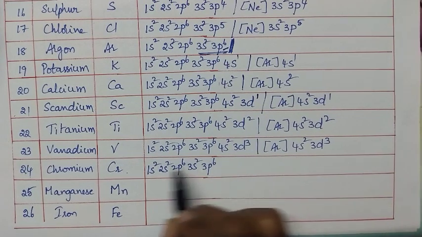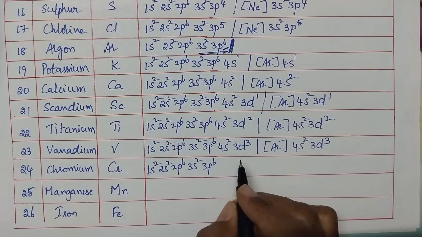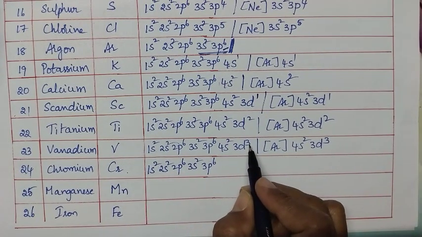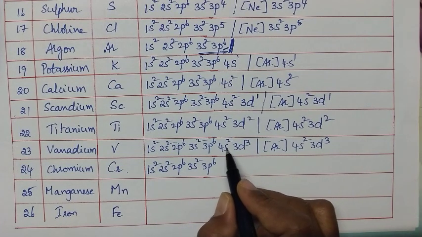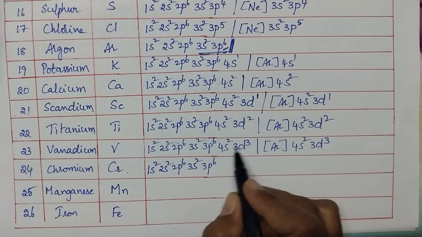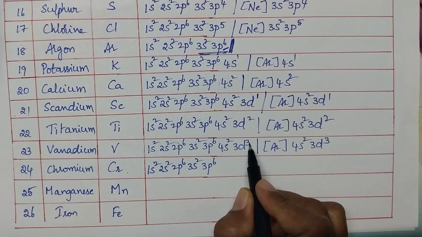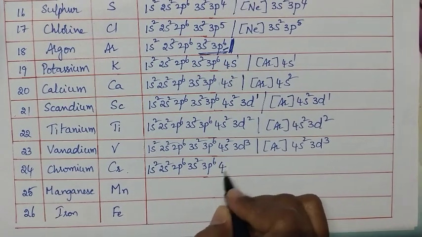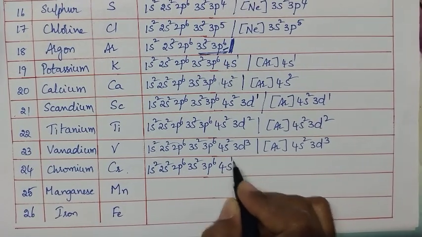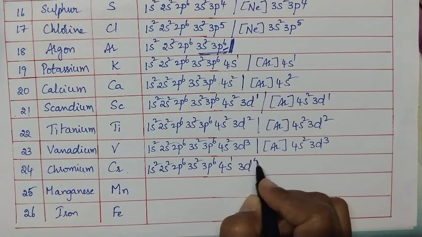So what we are expecting for the chromium? It may have 3d4 configuration. But almost 4s and 3d orbitals are having same energy, and hence if one electron jumps from 4s orbital to the 3d orbital, then what will be the configuration? It becomes 4s1 and 3d5.